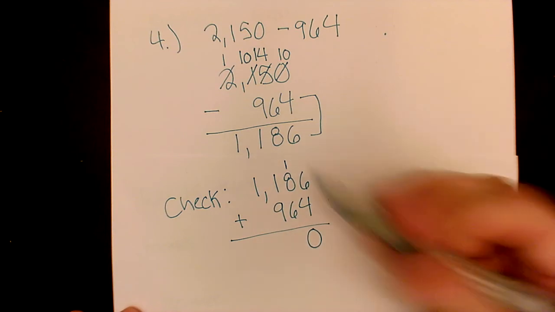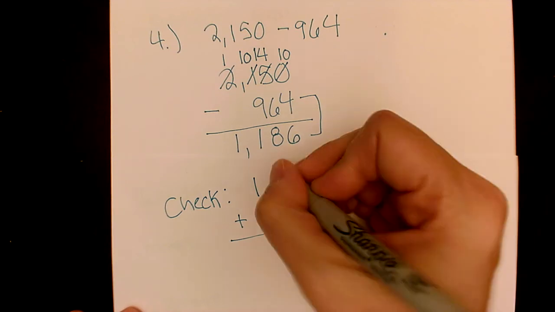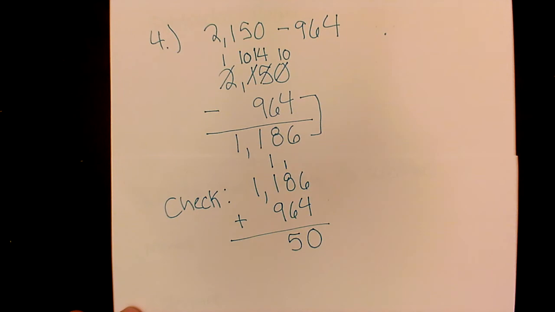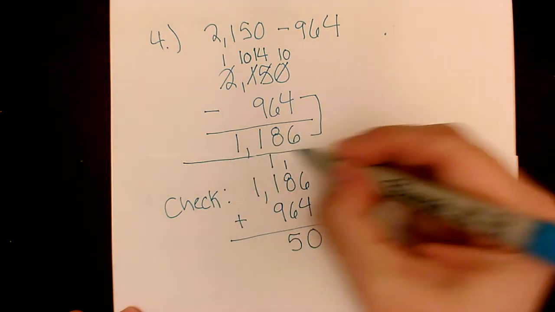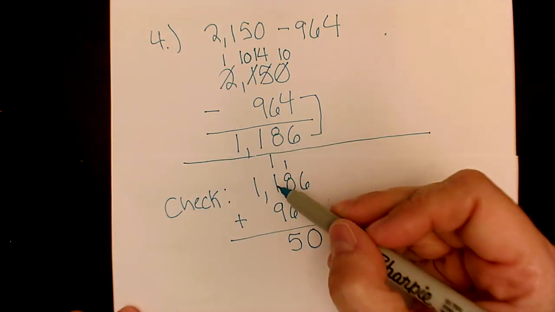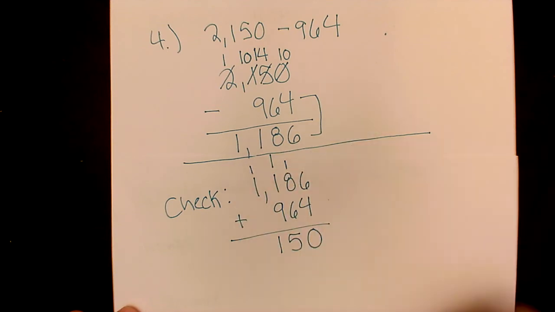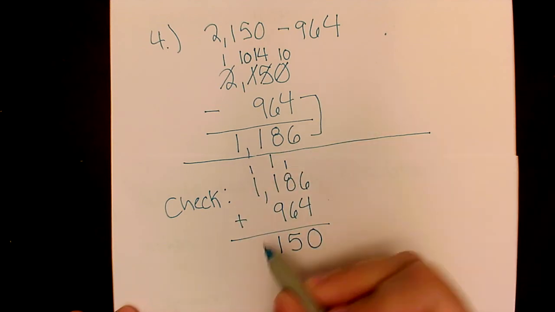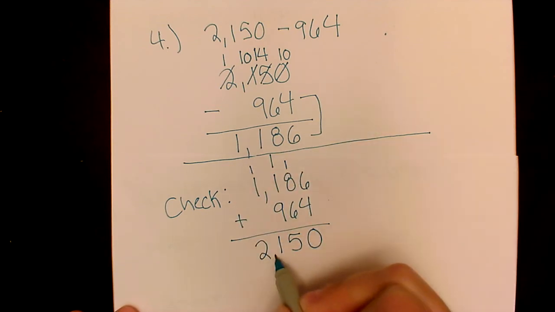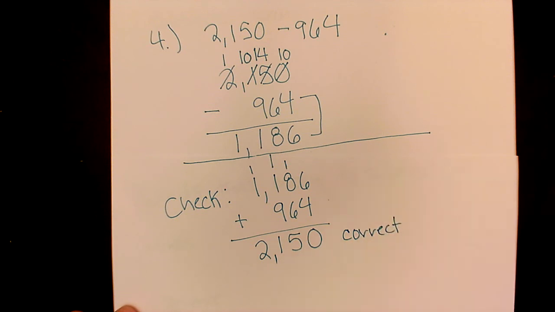Carry the 1. 9 and 6 is 15. Carry the 1. 1 and 1 is 2. 2 and 9 is 11. Carry the 1. 1 and 1 is 2. So I do get back to 2,150, so it is correct.